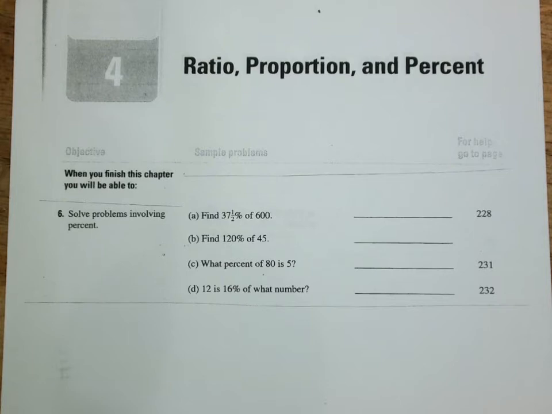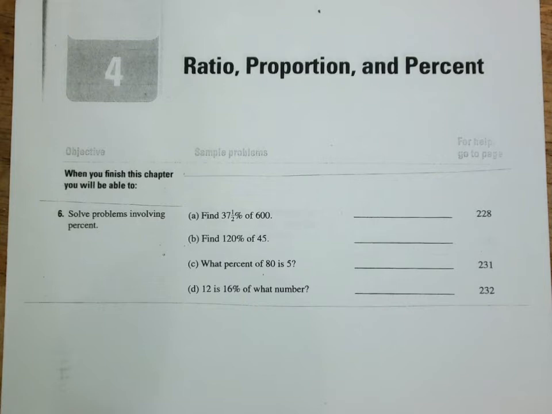If you're interested in the way that the book works these problems, it is included in your chapter summary that I will include in your chapter 4 resources so that you can take a look at while you're doing your practice problems and before you take your chapter 4 quiz.